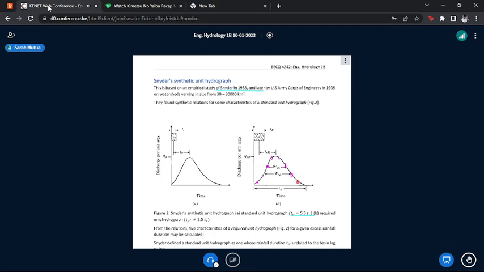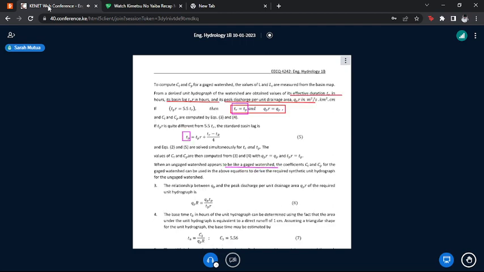Point sample data, if you remember what we talked about, if we can determine TR, QPR, TPR, and we can determine W75, W50, and TB, the basin lag time, then you can draw a hydrograph, and from the hydrograph you can extract sample data, which you can use in the convolution or deconvolution equation.